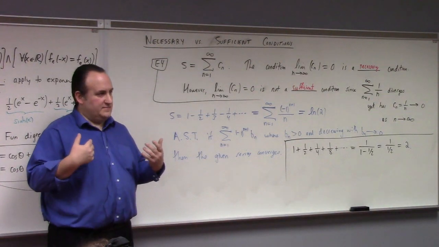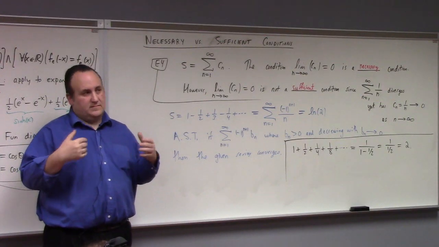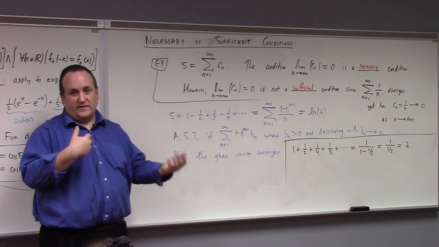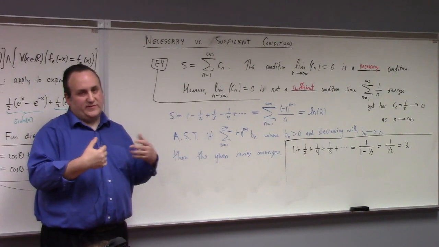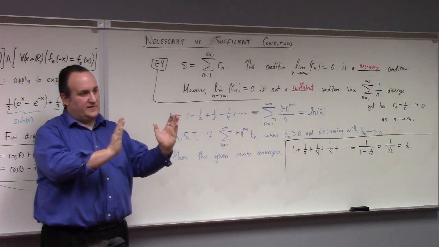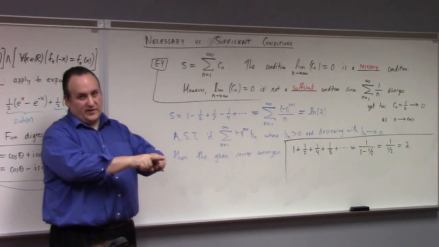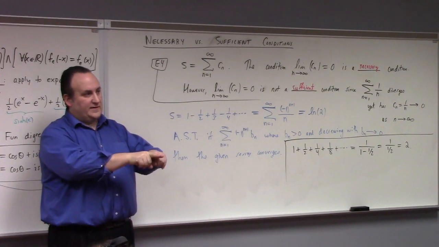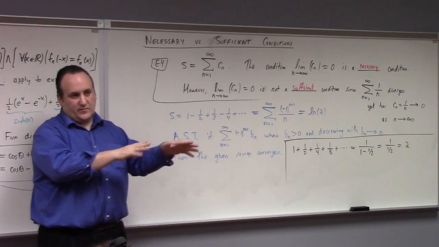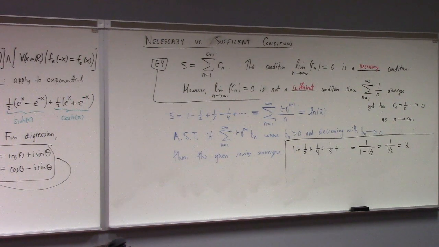That's a sufficient condition for continuity at a point, is differentiability at the point. However, it's not necessary because if you remember, we have the absolute value function at 0, right? That's continuous at 0, but it's not differentiable at 0 because there's a kink in the graph, right? So that's another example I have in the notes for you. But that's all I have to say for this part.